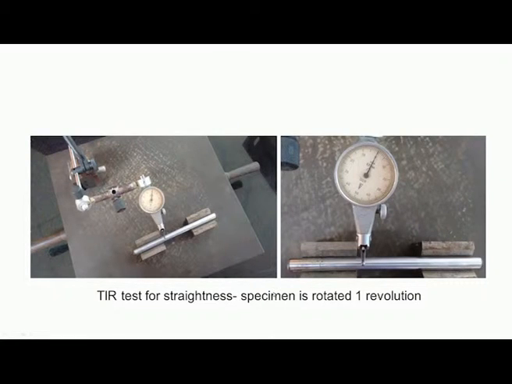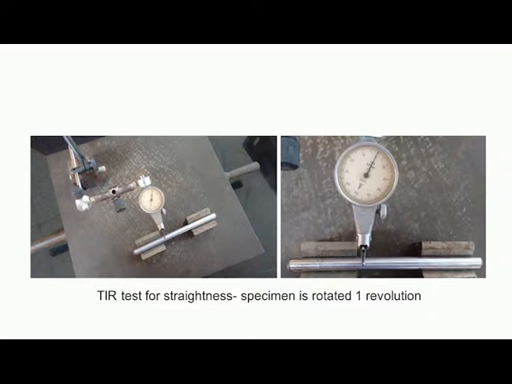Now, I can show some photographs; these pictures will show how we can conduct the TIR test. Now, we have supported the specimen. The specimen length is about 30 centimeter, with a diameter of about 12 millimeter, and it is supported by 2 cleaned V blocks.